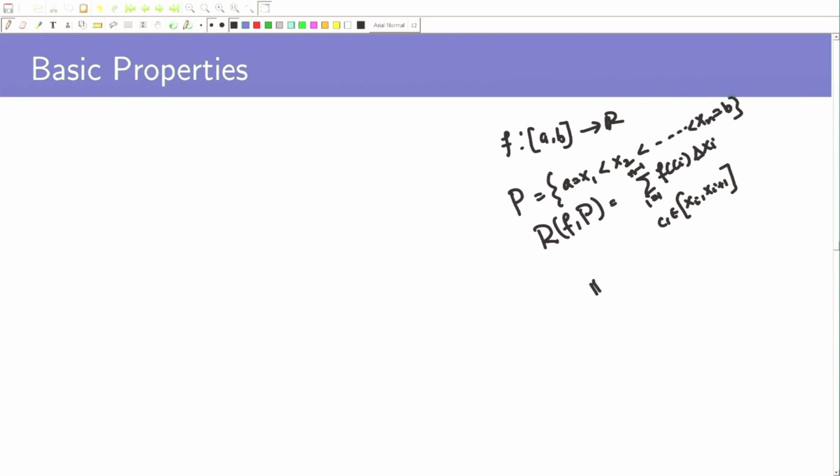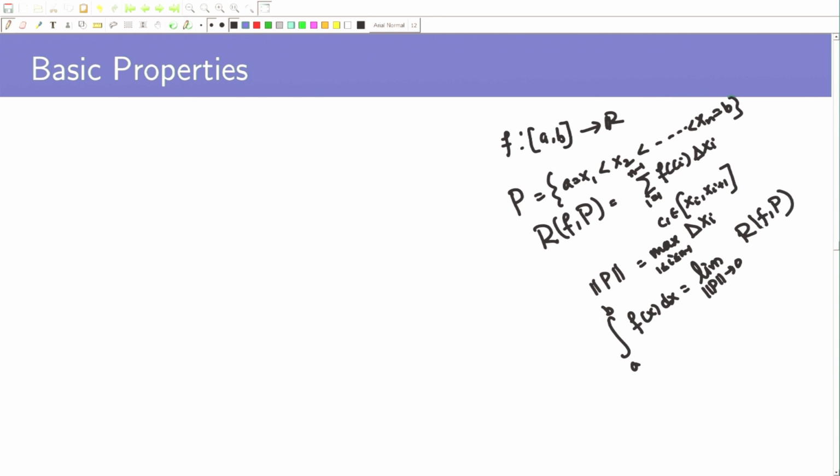And then we define the norm of P as the maximum of delta x_i, for 1 less than or equal to i less than or equal to n minus 1, and then we define the integral from a to b if the limit exists. If this limit exists, then we say that f is Riemann integrable and the integration of f is this.